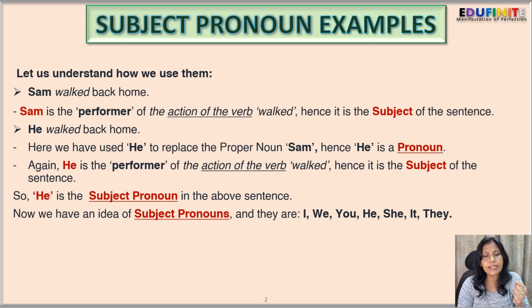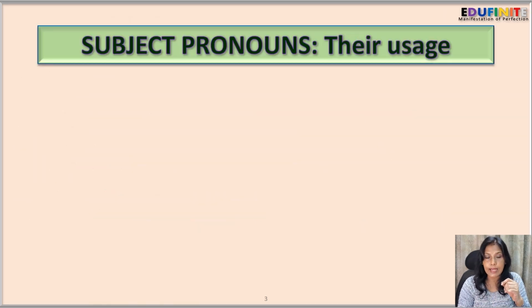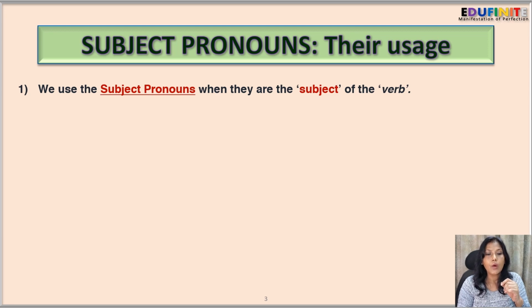Now, we have an idea of subject pronouns, so let's know what the subject pronouns are. They are I, we, you, he, she, it, and they. Now, let's understand their usage. We use subject pronouns when they are the subject of the verb.